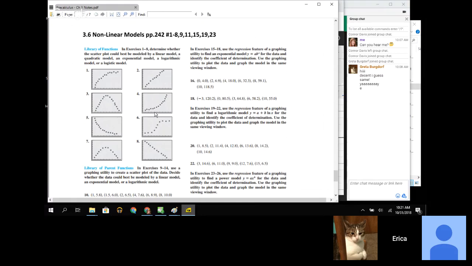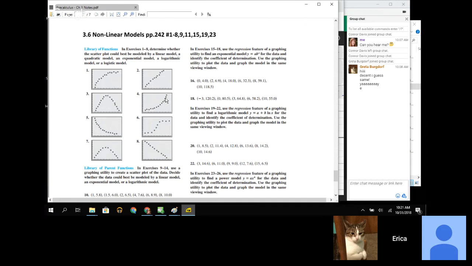All right, let's look at four. This one's a little bit more tricky, right? Not linear. Do you think that's better modeled by a quadratic or an exponential model? Exponential, yeah, right? Versus number three, which is quadratic.